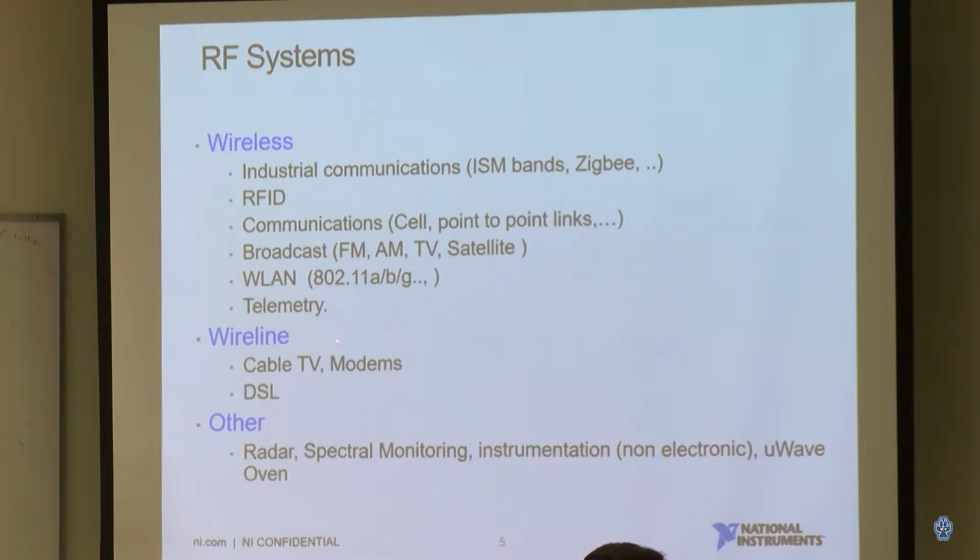In WLAN it's 802.11, like the Wi-Fi we have been using all the time, and telemetry. In cable we have cable TV, modem, and DSL. Besides those two areas, there's also radar, signal spectrum monitoring, instrumentation, and microwave oven. They're all related to RF systems.